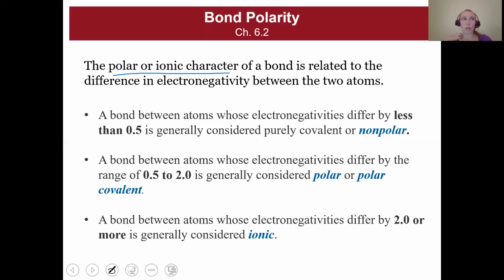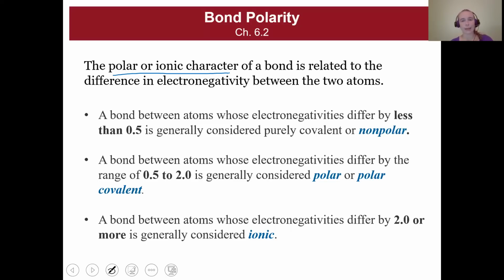So when one of the atoms has a really high electronegativity and the other one doesn't, then that one with high electronegativity is going to really attract the electrons from the bond towards its nucleus. So there's going to be a lot more of a difference there.